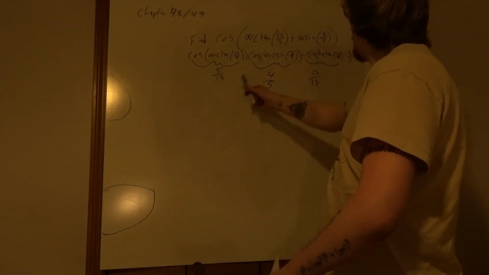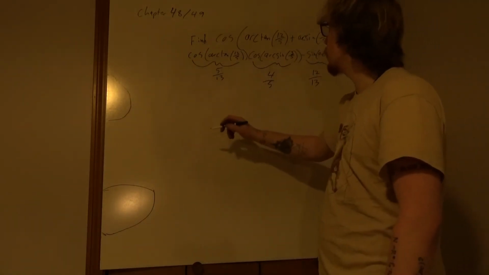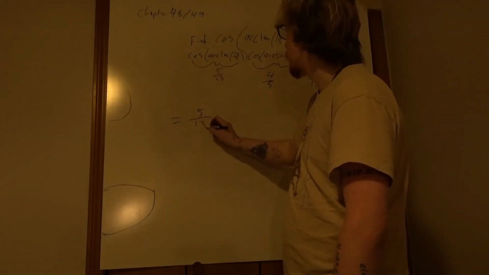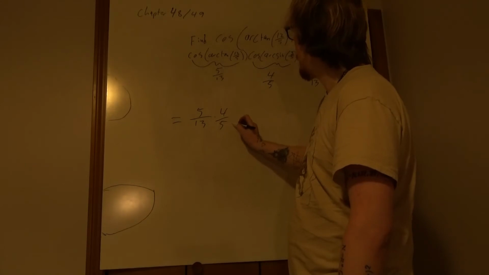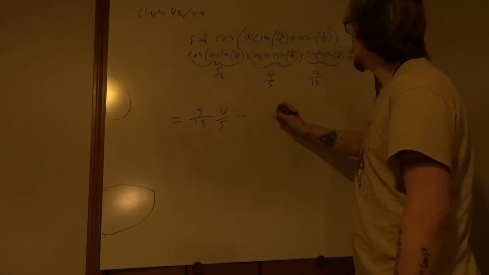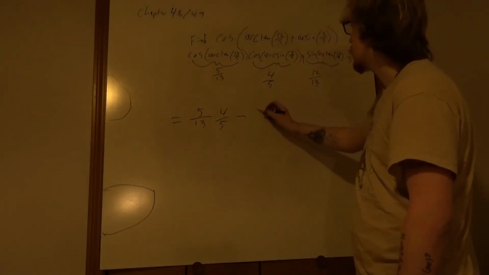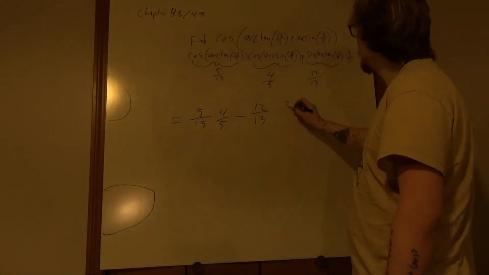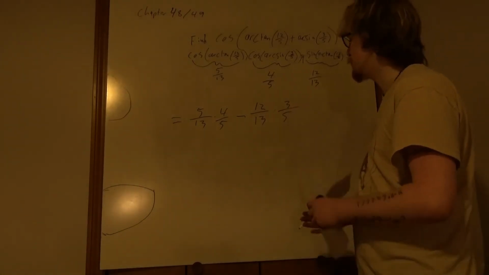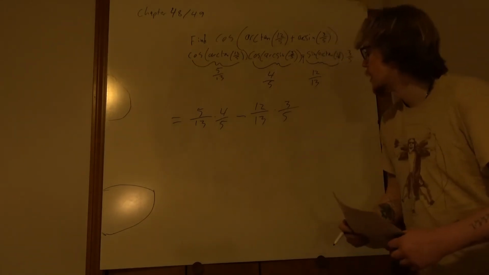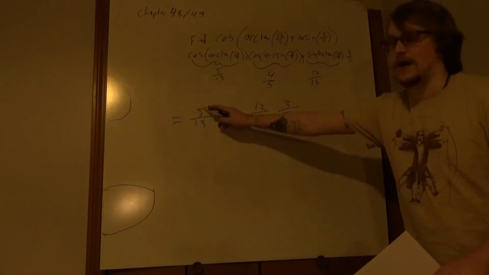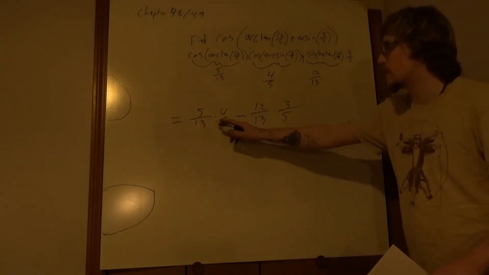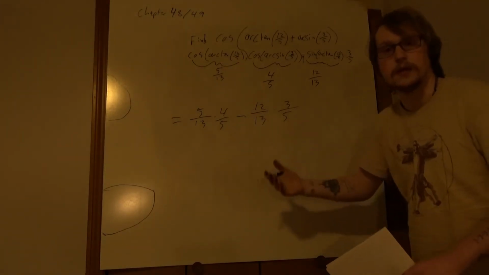But then all 4 terms are now solved for, so this whole thing turns into 5 over 13 times 4 over 5 minus, because again we have a minus sign right here, 12 over 13 times 3 over 5. You may notice that there's a 5 here and a 5 here, and in fact they do cancel. But because we are doing a difference of fractions, we still need a common denominator.